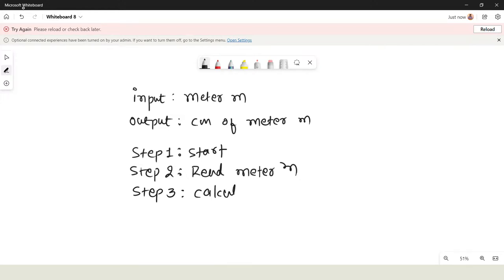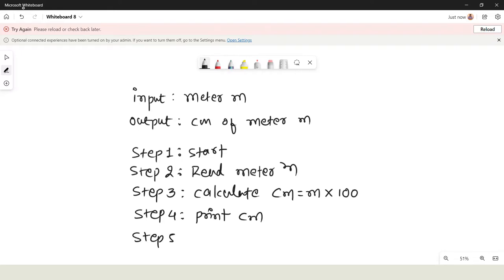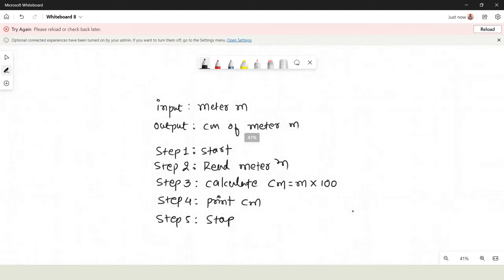Calculate centimeter is equal to meter into 100. Step 4. Print cm. Step 5. Stop. Okay, this is very easy, right? This is the solution for an algorithm.